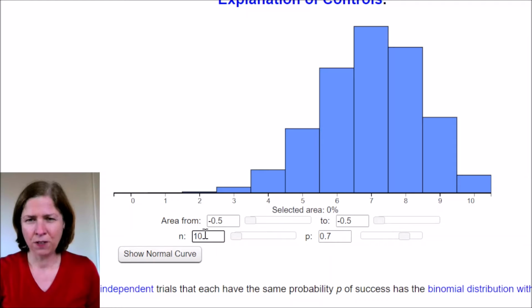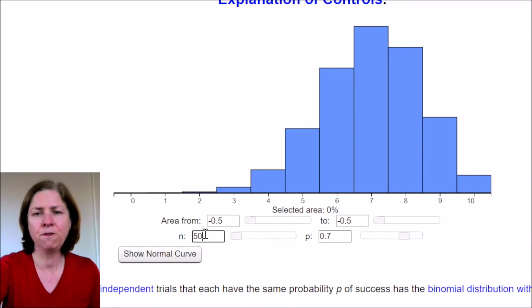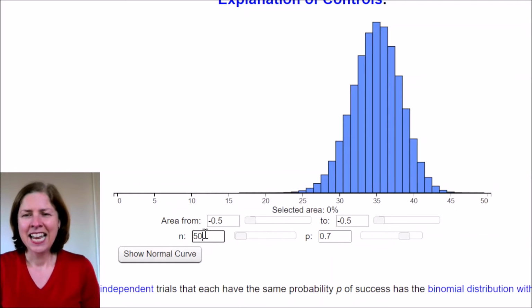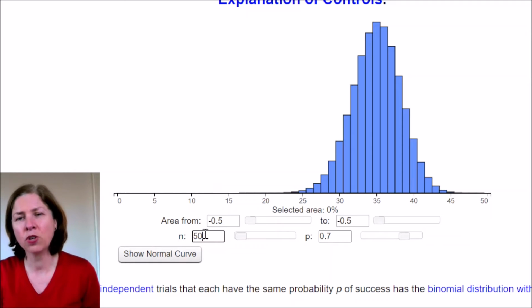It's still definitely skewed. If I increase n to 50, now it's not so much looking like a skewed graph, it's just looking like a bell curve that has been translated to the right. You can see that my peak is now at 35, but when I look at the columns on either side, it's looking pretty symmetrical, and I would say that's starting to look like a bell curve.